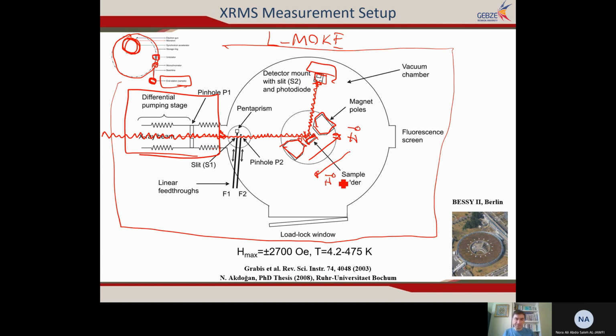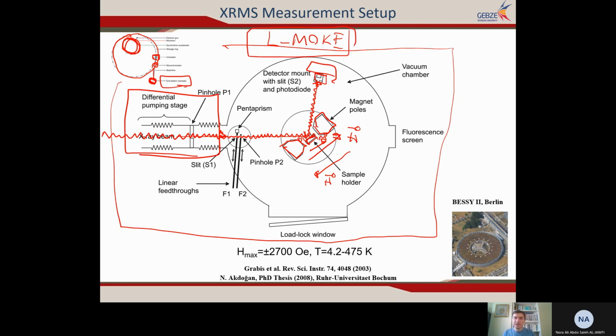We can also manipulate the magnitude of the magnetic field because we are using an electromagnet. Magnetization is in the film plane and parallel to the scattering plane. So this is the L-MOKE geometry.